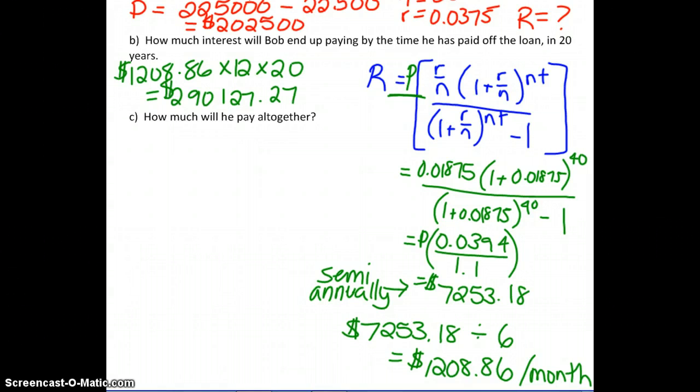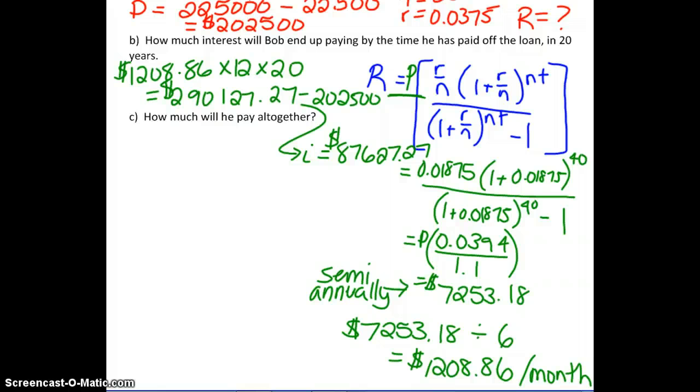So we subtract the amount that we owed, $202,500, to get the total interest equals $87,627.27. That is how much interest he paid on this loan that he took out.